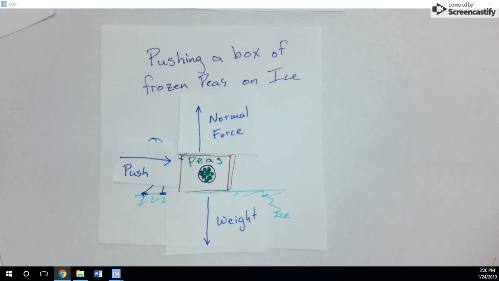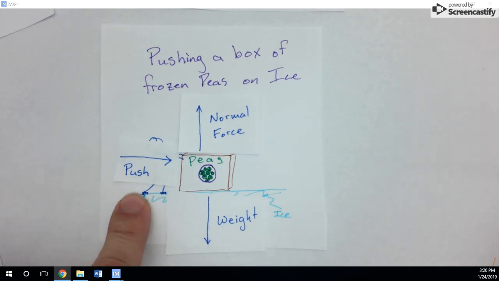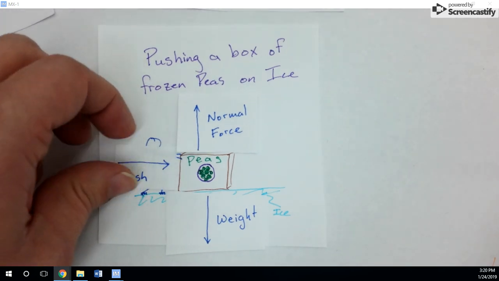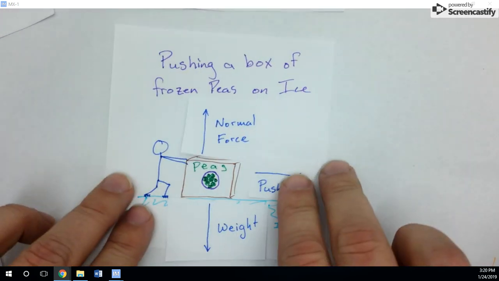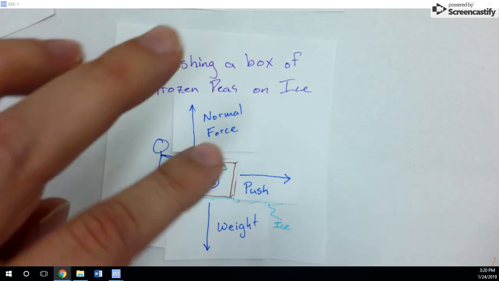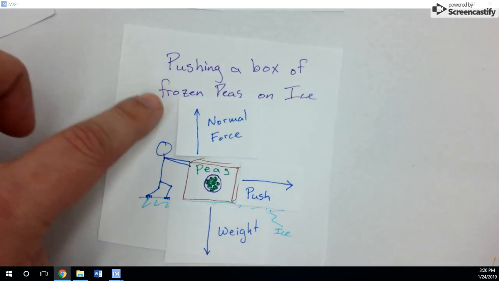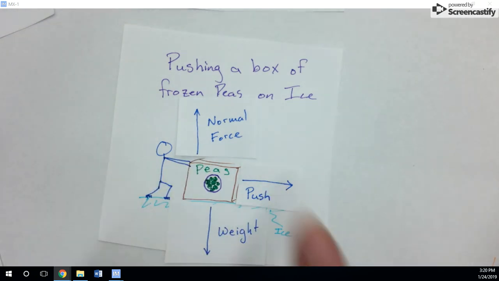But based on the way that we like to draw these, we don't want to put the pushing force here. We want the arrow to point away from our object. So we're going to move our pushing force off to this other side so that it points away from our object. So if we're pushing a box of frozen peas on ice, we have the weight down, the normal force up, and the pushing force pointed away from our object like this.